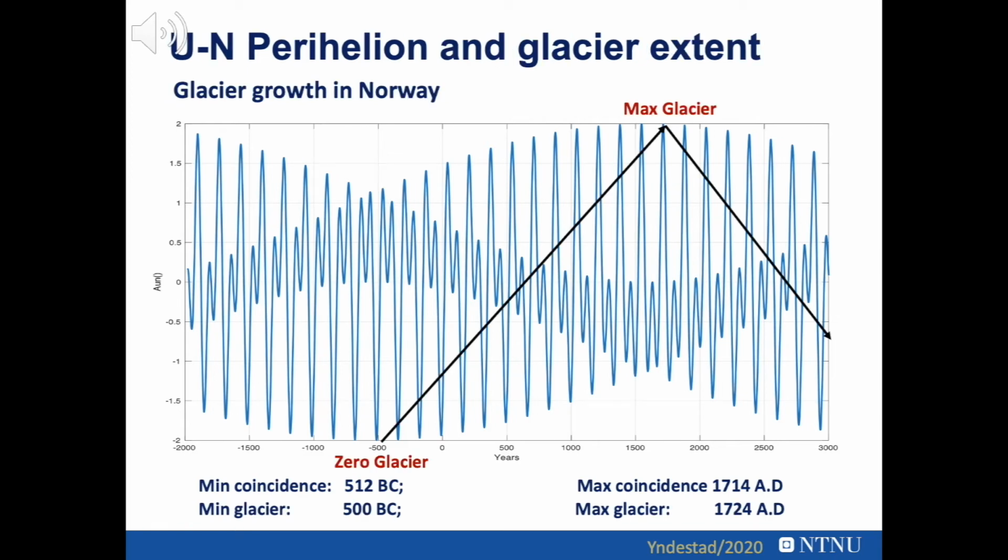Glaciers in Norway started to grow at about 500 years before Christ, when Uranus and Neptune had a minimum perihelion coincidence. Glaciers in Norway had a maximum extent in 1714, when Uranus and Neptune had a maximum perihelion coincidence. This reveals a direct relation between planets' perihelion coincidences and climate periods.